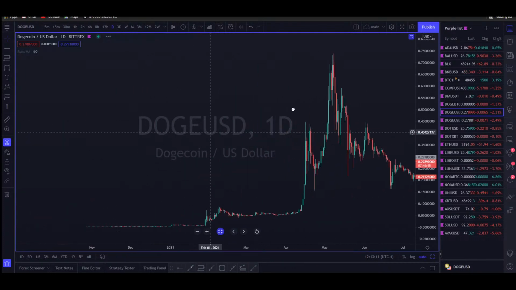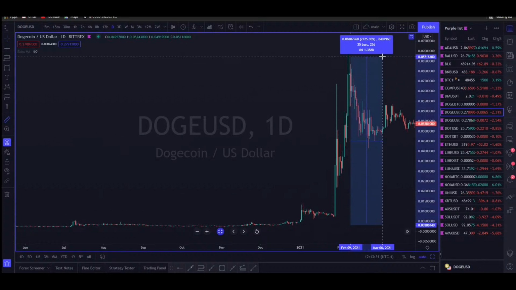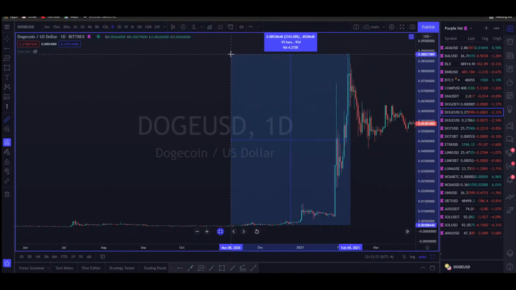Before the bull market cycle started, this thing was trading at 0.002. That's like 2,000ths or hundredths of a penny. This thing had more of a bull market than anything. It went up thousands and thousands of percents. 2,769%.